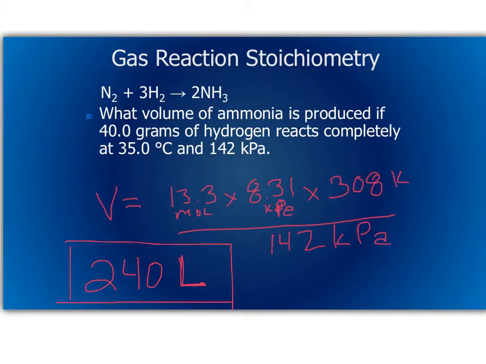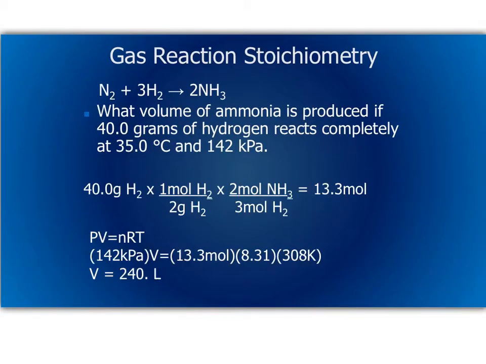Okay, so good. Let's move on. This is just a confirmation of how we did the problem. So here's our check that we did that right. That's the number of moles using the stoichiometry, and then we did the ideal gas equation.